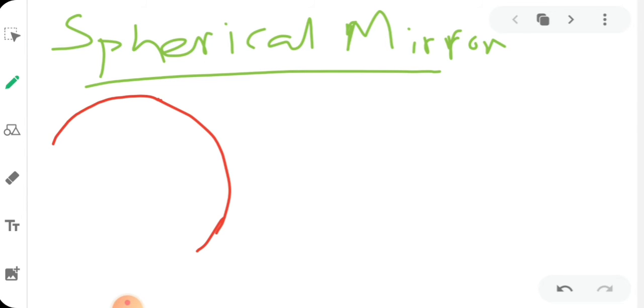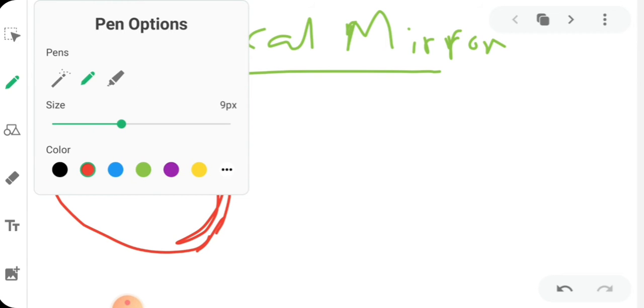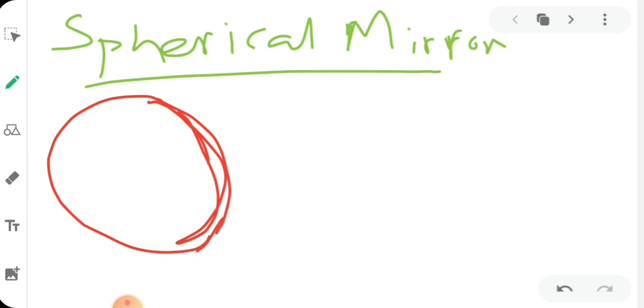Suppose here is a complete circle, and here it is having a reflecting surface, that may be reflecting either from inside or from outside. See over here, that may be reflecting from this portion, the portion I am marking in purple, this would be its reflecting portion.